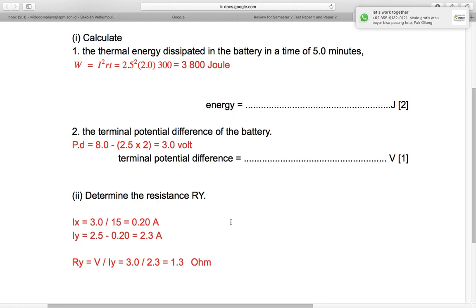Finally we get Ry back from Ohm's law, V divided by I. V is the potential difference of the battery, 3.0 volt, and Iy is 2.3, and we get 1.3 ohms.